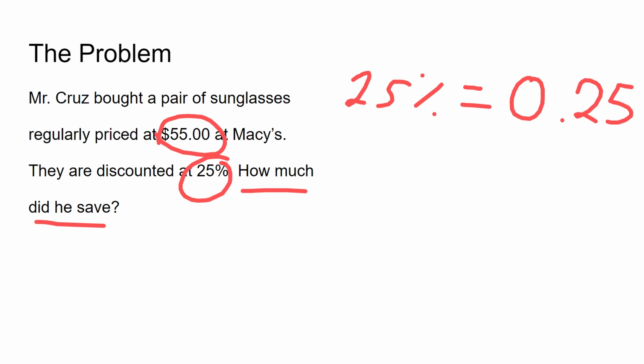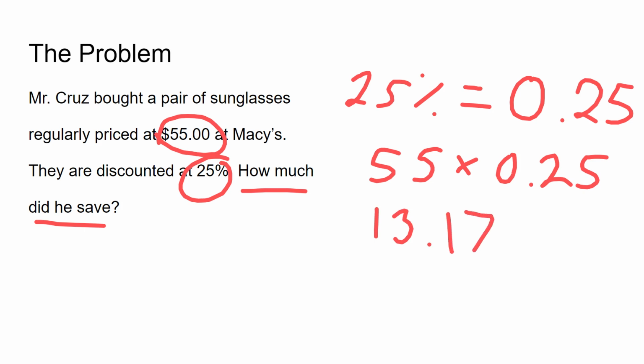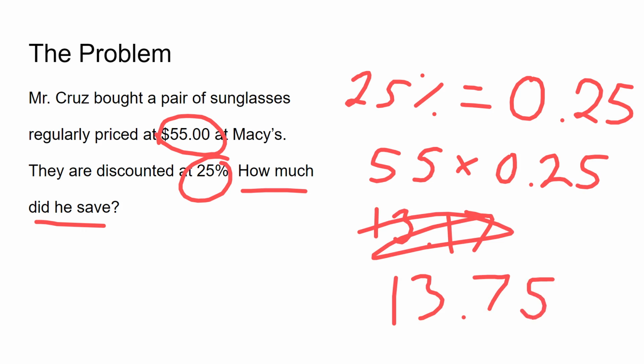Then in my calculator, I'm going to multiply those two: 55 times 0.25. I end up with 1375. And this is how much I saved, because that's the amount of the discount. So I'm technically done, because since we're talking about money, it's really $13.75.